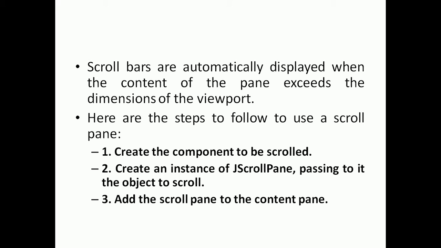And suppose those are not able to display their content within the viewable area, then the horizontal and vertical scroll bars are automatically added, and when you scroll, you will be able to see the exceeded part of the viewport. So to demonstrate the working of this one, first we'll see what exactly the JTable is, and then we'll go for an example of JTable and JScrollPane combined in one.